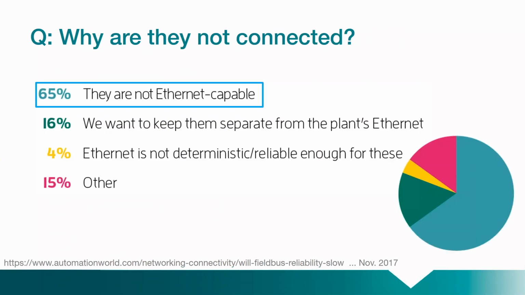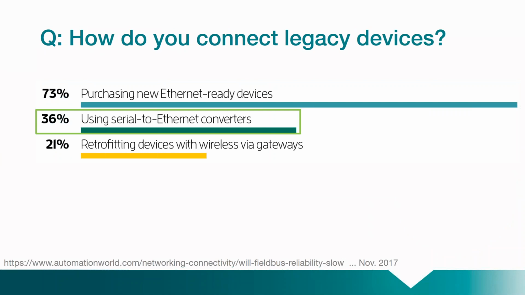A main reason for that is that they're not Ethernet capable, just like we mentioned before. They don't have any real communication or any kind of Ethernet ports to connect them to your network to bring them online. The other reason is that because of that, they're using a lot of serial to Ethernet converters, which is a really great option for anybody looking to bring those legacy assets online.